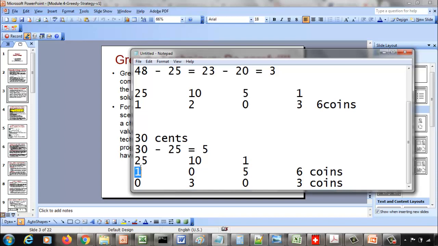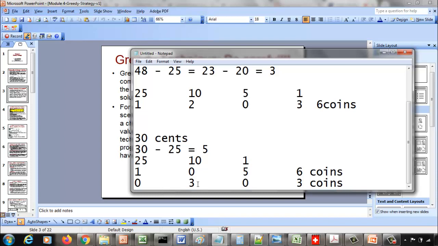So this choice of picking one 25-cent coin narrows down your choices and leads to a suboptimal solution. If you did not pick up any 25-cent coin, you could have picked up 3 10-cent coins and found your optimal solution. So the greedy strategy has this kind of weakness of not guaranteeing optimal solution for some problems.